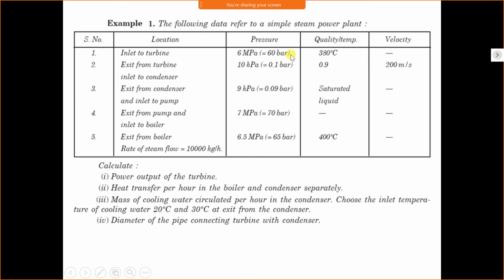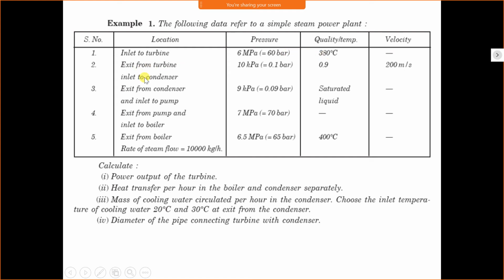As I told you, whenever pressure and temperature both are given, the condition of steam is superheated. If the steam is wet, or a liquid, or saturated, either pressure or temperature would be given in the problem. But in this case, both are given. It means steam is superheated. Okay, entry to the turbine is superheated steam.